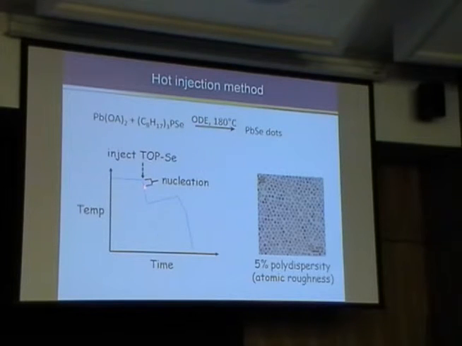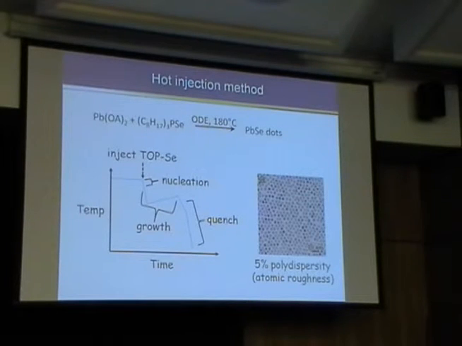Once the temperature gets down here, you're out of the nucleation window, and only growth happens. Growth happens as the solution cools and as the heating source starts to heat the solution back up a little bit. This is your growth window. And then finally, at the end, you do various things to quench the growth as quickly as possible to try to hold on to the monodispersity of your sample.